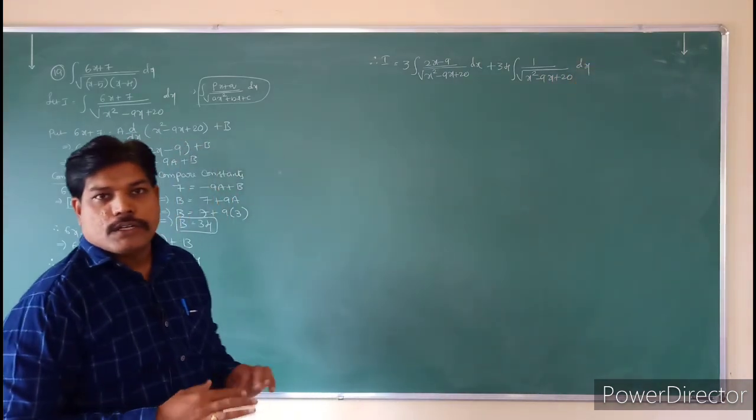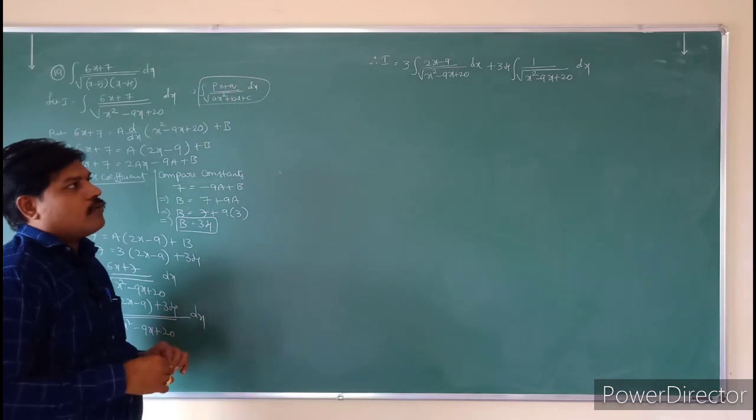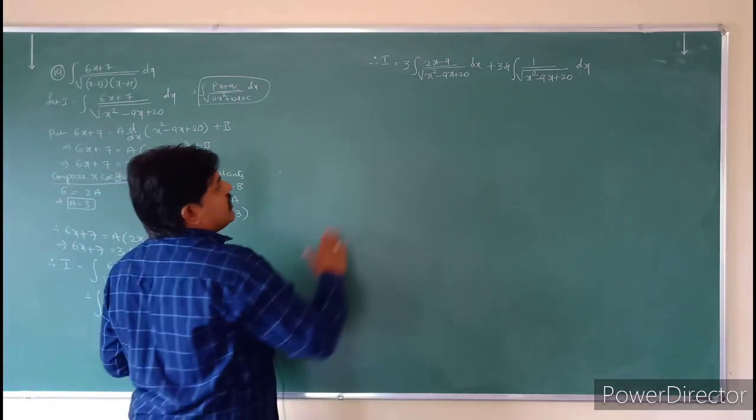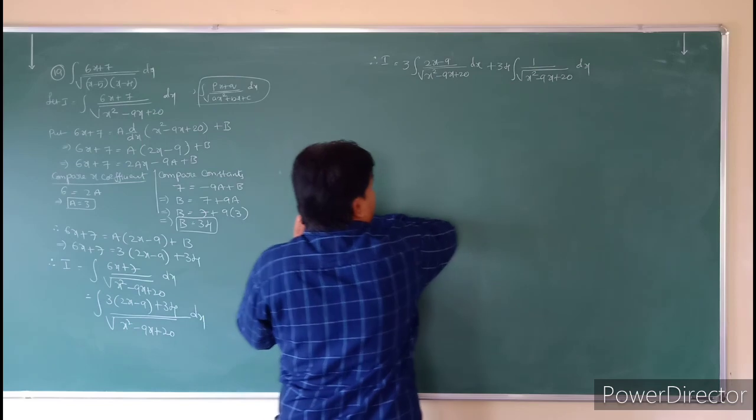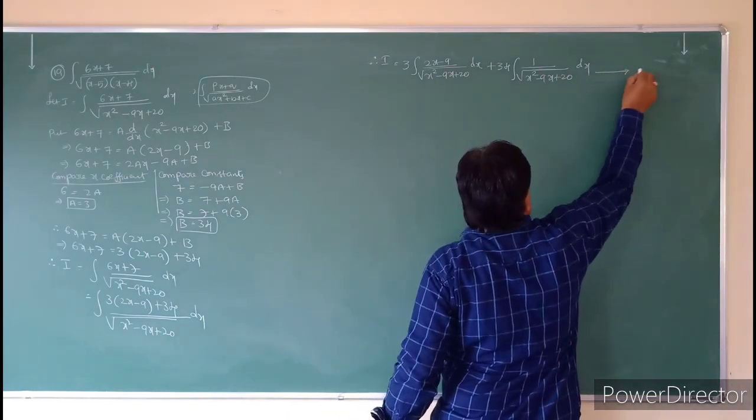So I have separated the terms. After separation of these terms, what do we have to take? First take this as I1, take this as I2, and take this as equation number 1.